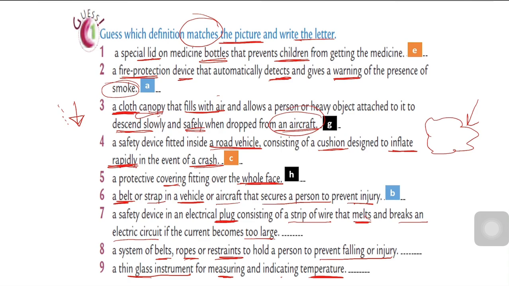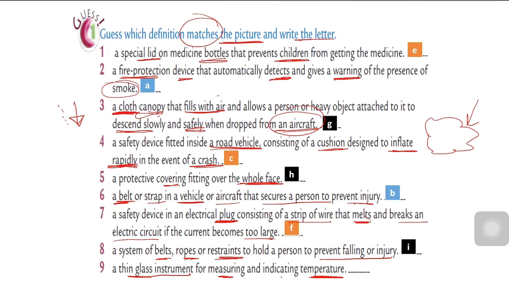When there is a danger of overpower or a fire, this strip of wire melts. Now I think you know it. It's F. Very good. Now number 8, a system of belts, ropes, restraints to hold a person to prevent falling or injury.